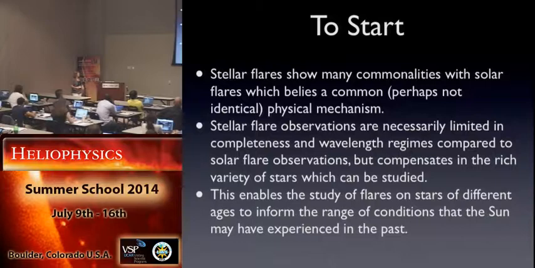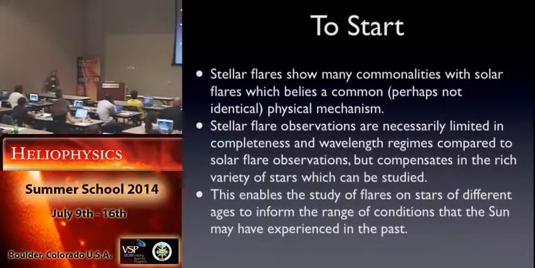And that enables us to take the large body of observations that we have on stellar flares, which are varied in stellar age, stellar mass, stellar rotation, and other parameters, and turn those around to try to understand what the sun might have been like.